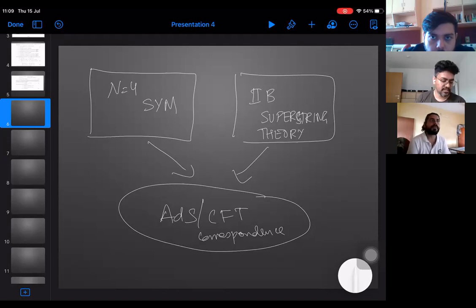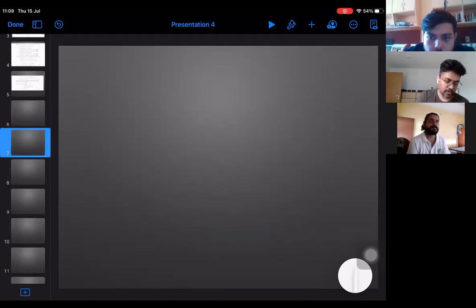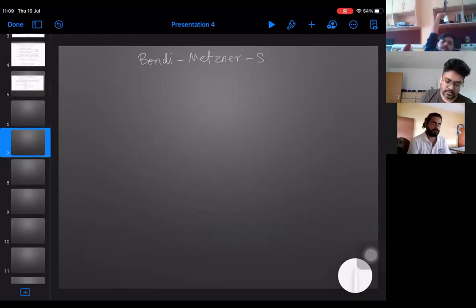relativistic case. But today let's move on to the first part from the gravity side, which is the Bondi-Metzner-Sachs algebra.